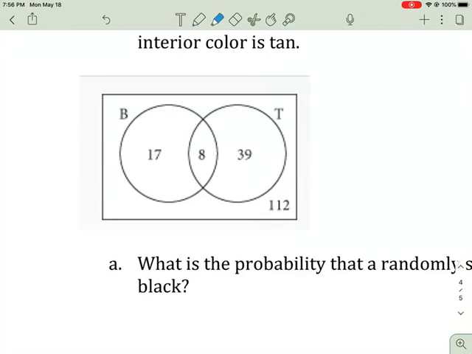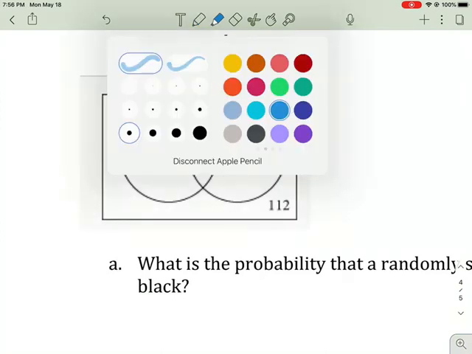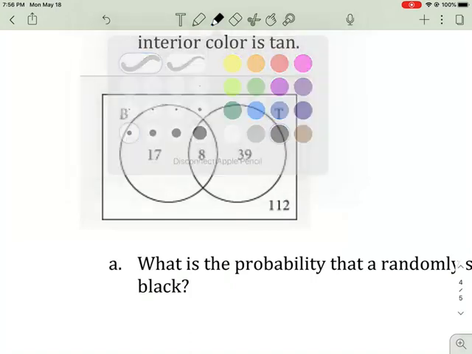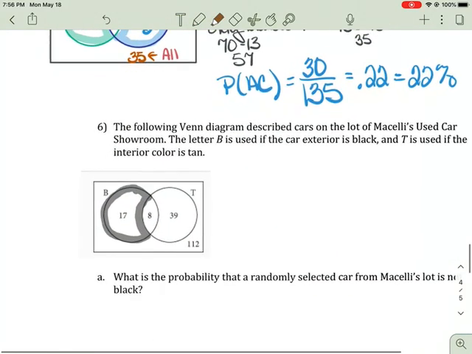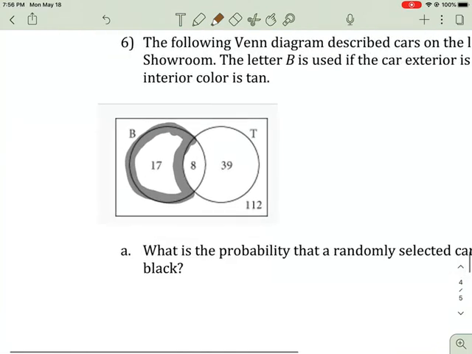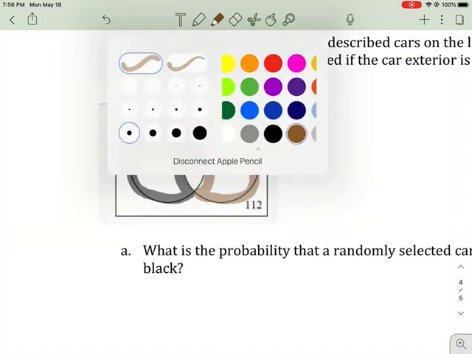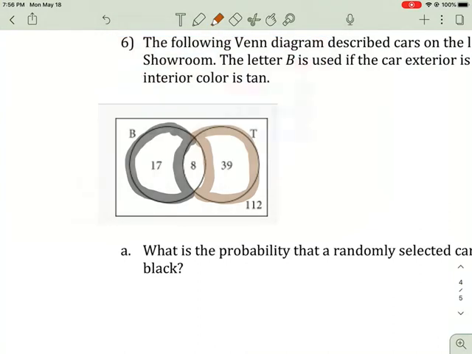We have black, so these guys are just black. And T is for tan, so these guys are just tan. And in the center, what color do we want to use there? Let's use orange, for black and tan.